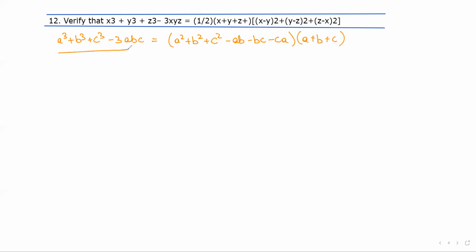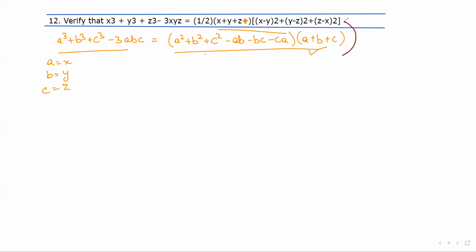Now your LHS is in terms of xyz, so your a is equal to x, b is equal to y, and c is equal to z. But your RHS is not exactly the same. Here you have x plus y plus z, which is the a plus b plus c term. But the other bracket is not the term which is required. There's a 1/2 in this one.